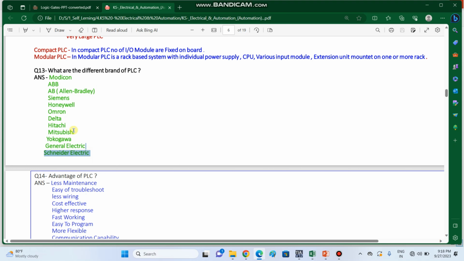Many companies provide PLCs, but the most popular and most used brands in the automation industry are Allen Bradley PLC and Siemens PLC. Allen Bradley PLC is developed by Rockwell Automation, and Siemens PLC is developed by Siemens company.